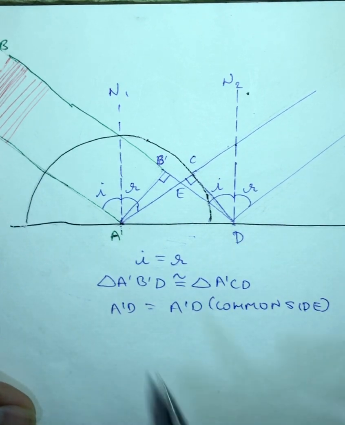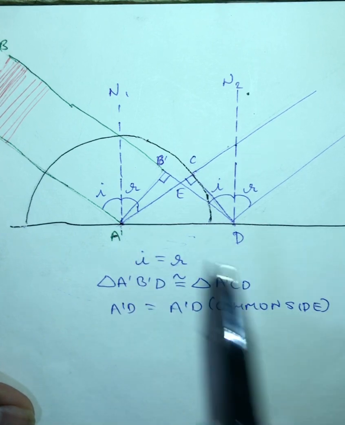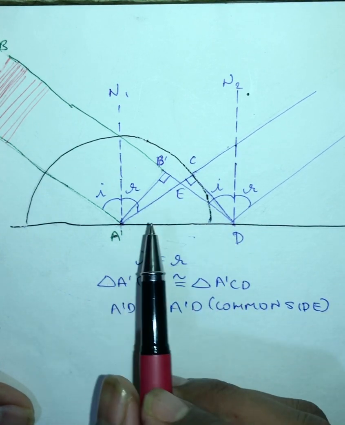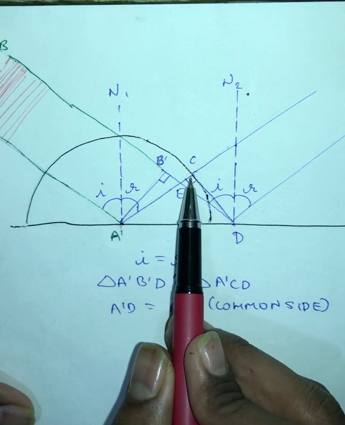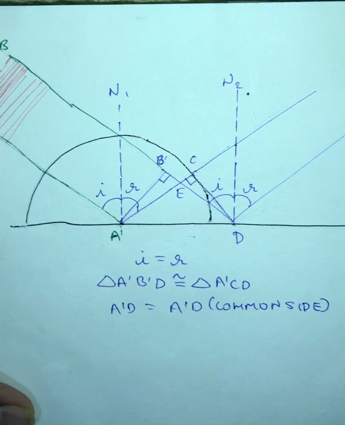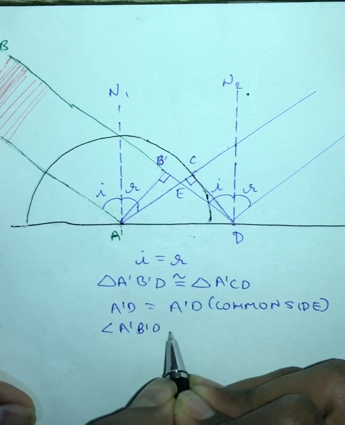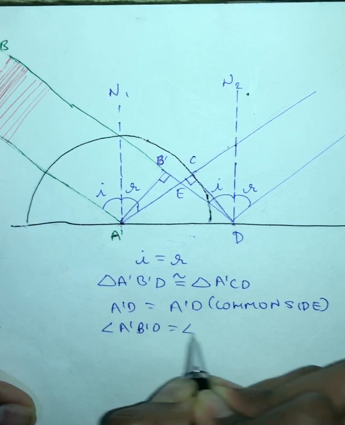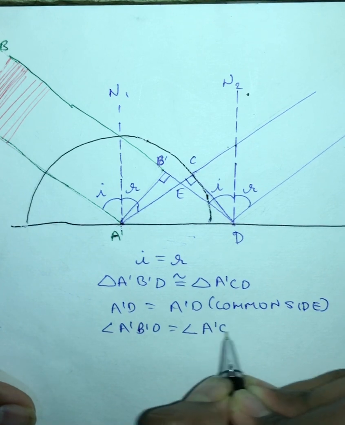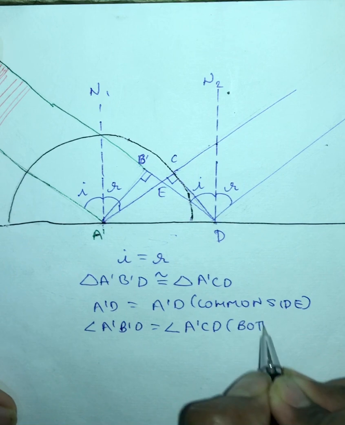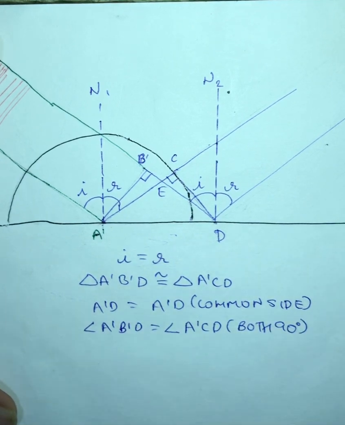Okay, now if I observe carefully, angle A' B' D is equal to 90 degrees and angle A' C D is also 90 degrees. Therefore angle A' B' D is equal to angle A' C D, and the reason is both are 90 degrees.